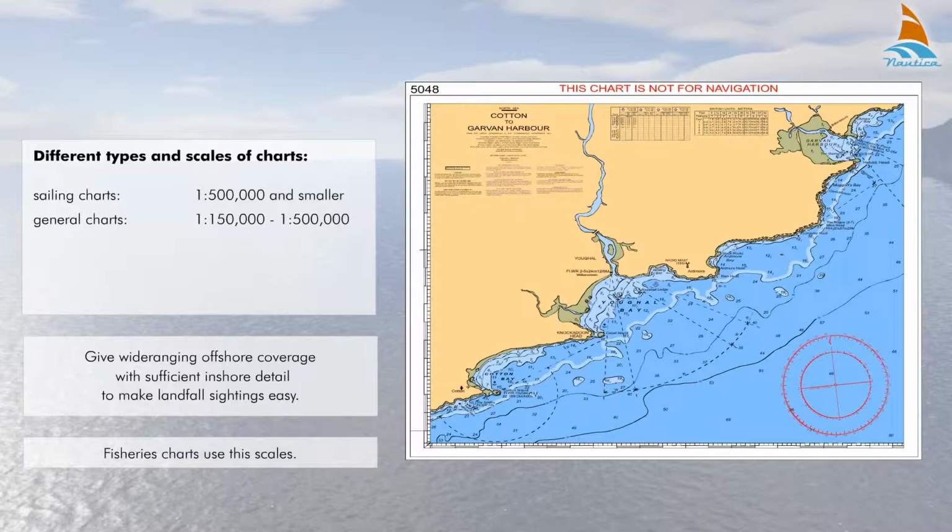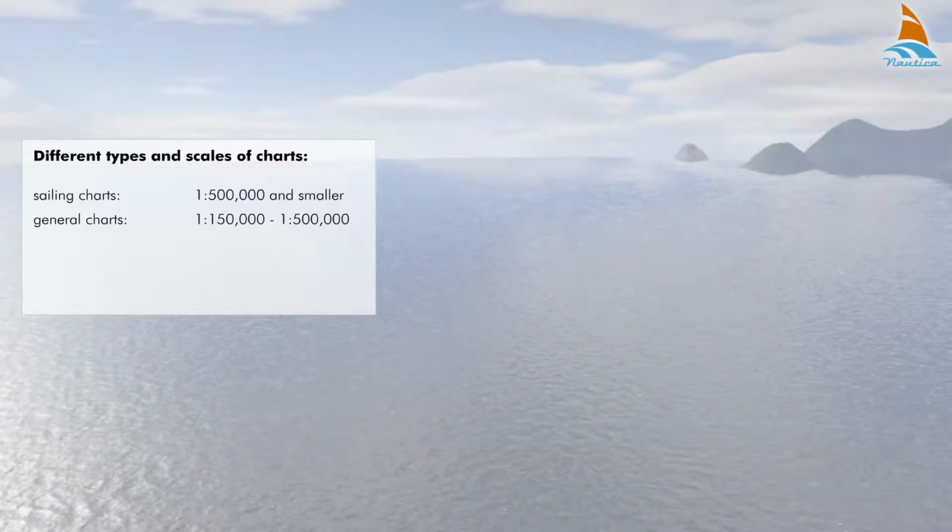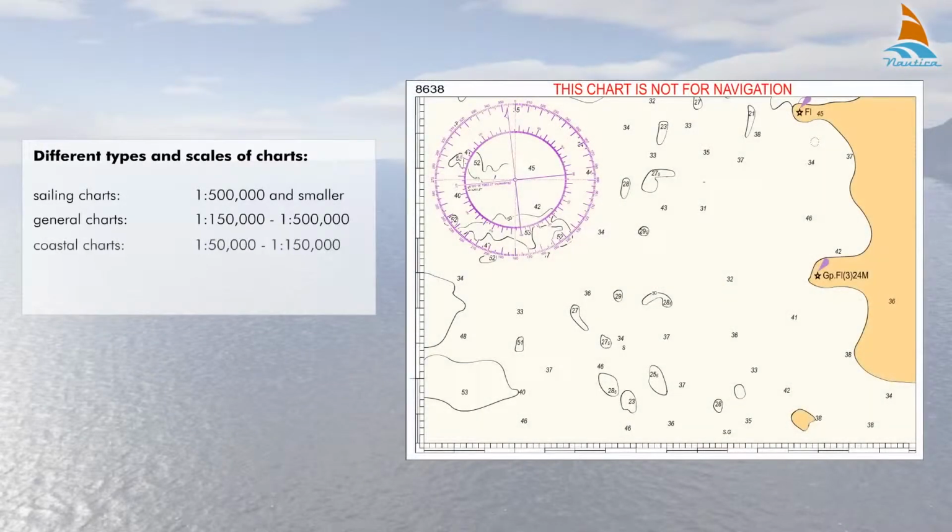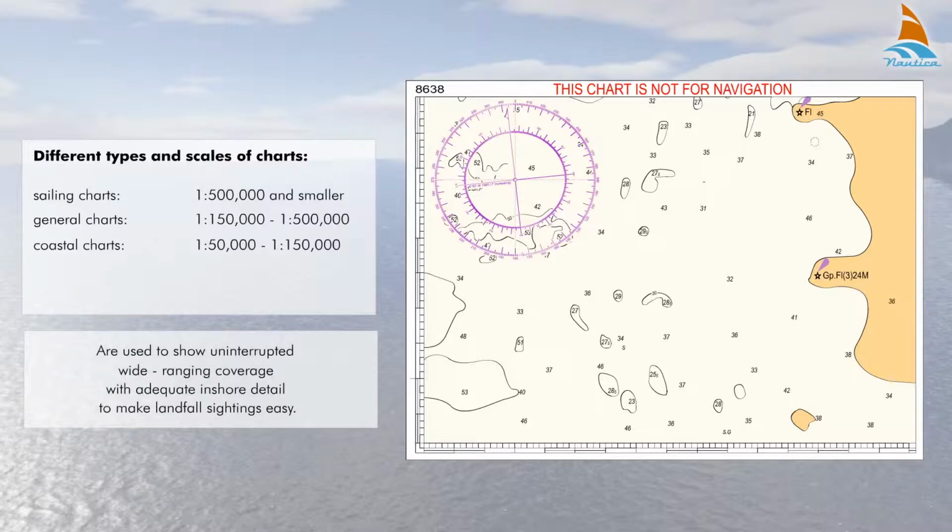Fisheries charts use these scales. The coastal chart uses a scale of between 1 to 50,000 and 1 to 150,000 and is used to show uninterrupted wide-ranging coverage with adequate inshore detail to make landfall sightings easy. Fisheries charts also use these scales.